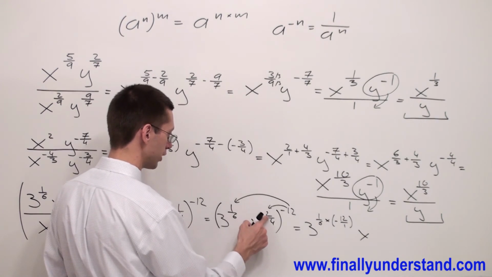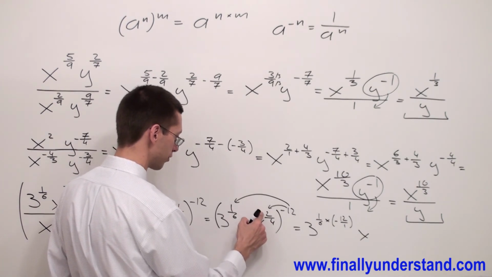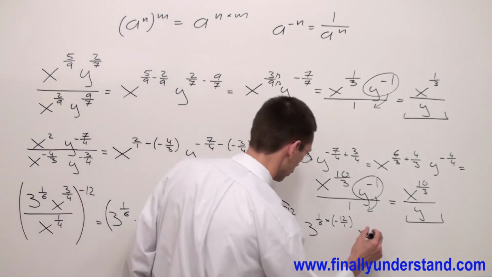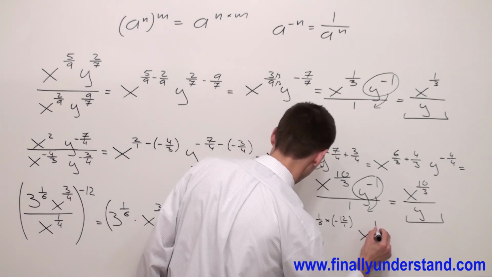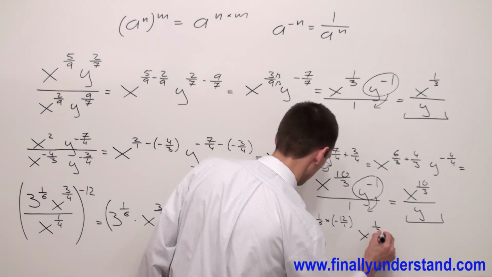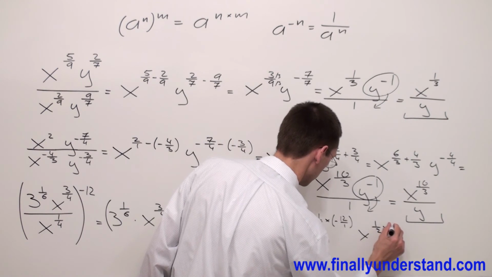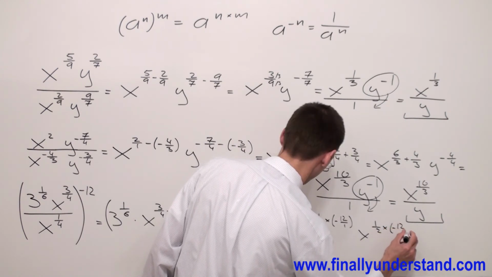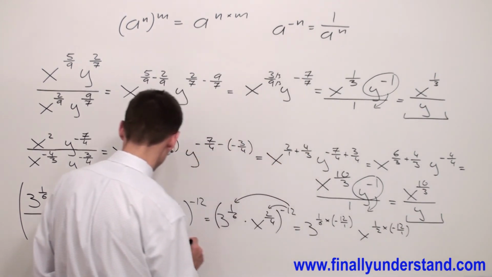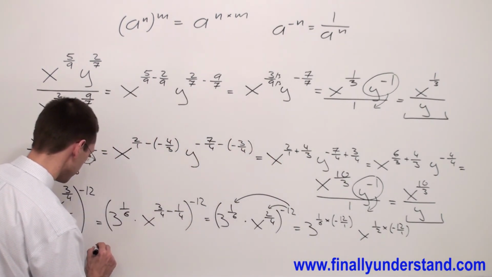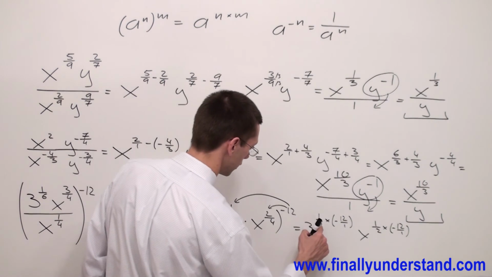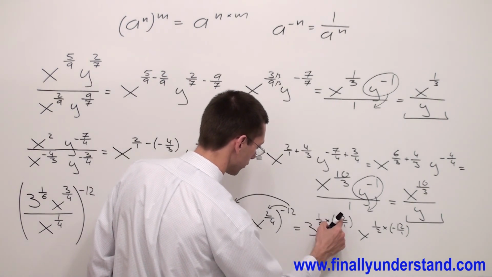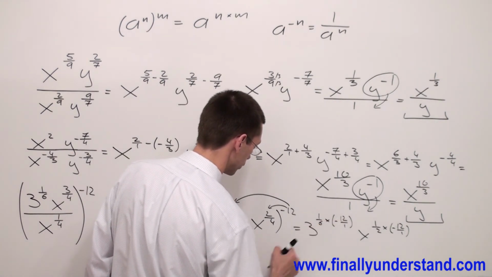I have 2 and 4. I can reduce this fraction by 2. That's why I'm going to have 1/2 times negative 12/1. This is going to be equal, 6 and 12, okay, we can reduce.